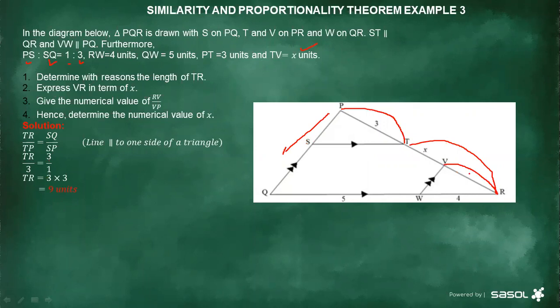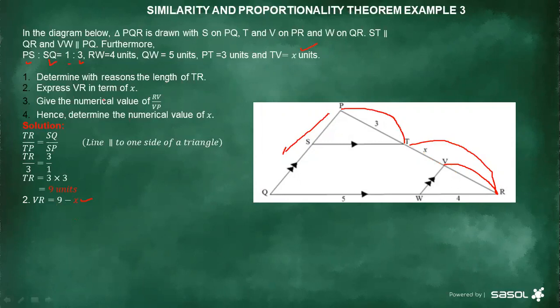We want it in terms of X. We have to express it in terms of X. Now, since we've got X from T to V, and then we also have the actual distance from T to R, therefore, we are going to say TR minus this TV, that is going to give us this VR, but it's going to be in terms of X. You can see the answer is 9 minus X. So that is the length for VR in terms of X.